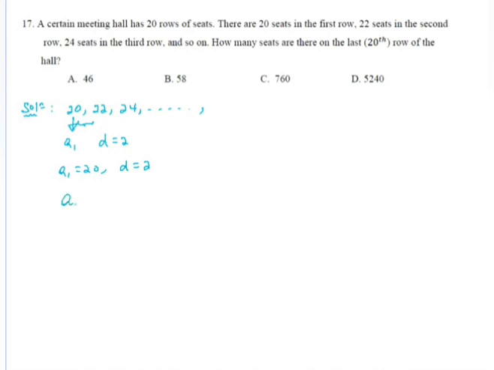So the number of seats on the 20th term equals the first term plus (20 − 1) times the common difference. So this means 20 plus 19 times 2. The result will be 20 plus 38, which is 58. So there will be 58 seats on the 20th row. So our answer will be B.